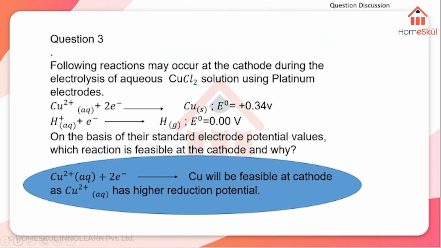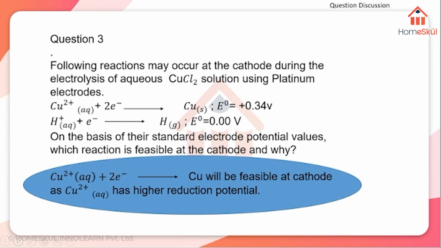Okay, ma'am, now let's go for the third question. The following reactions may occur at the cathode during the electrolysis of aqueous copper chloride solution using platinum electrodes. Here there is an equation: Cu2+ + 2 electrons gives Cu, with electrode potential value 0.34 volt.